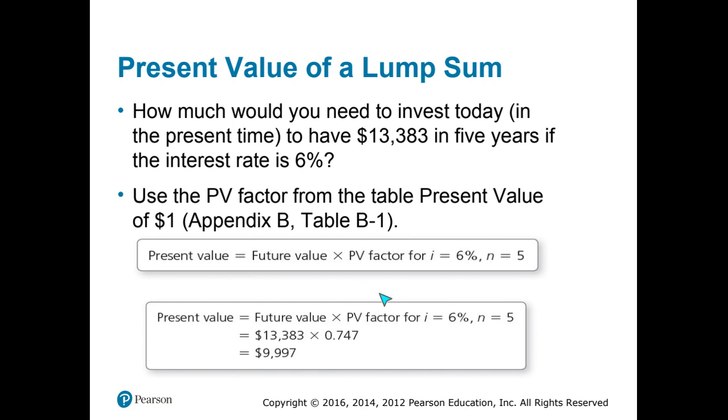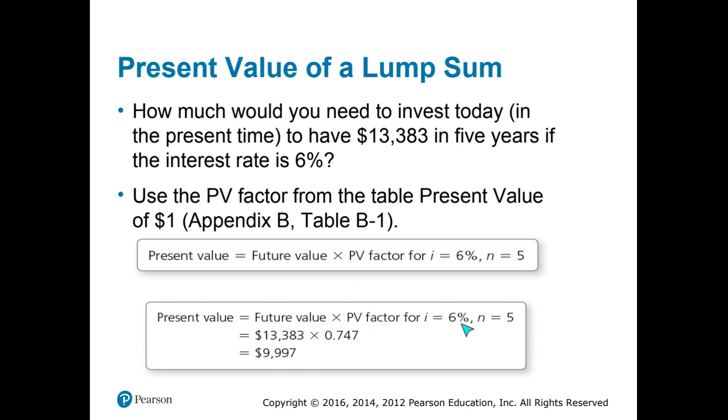All right, so we've got our factor. The factor is 0.747. Next we're going to use that to calculate the present value. Present value equals future value times the present value factor for I, where I is interest, equals 6%, and N, number of periods, equals 5. We plug everything into our formula.